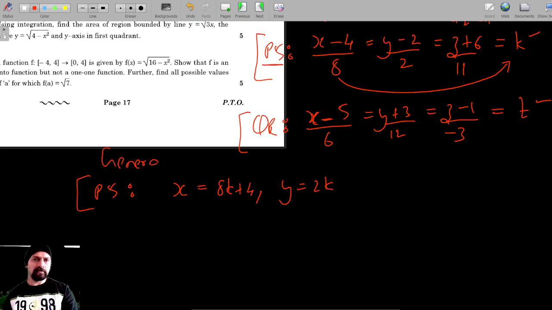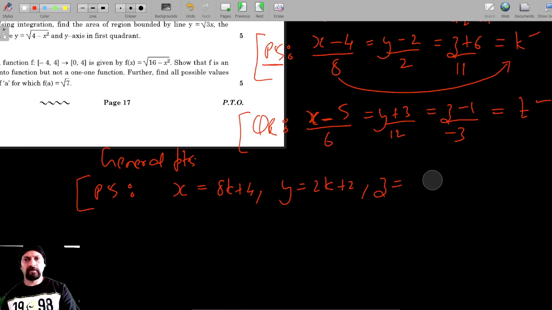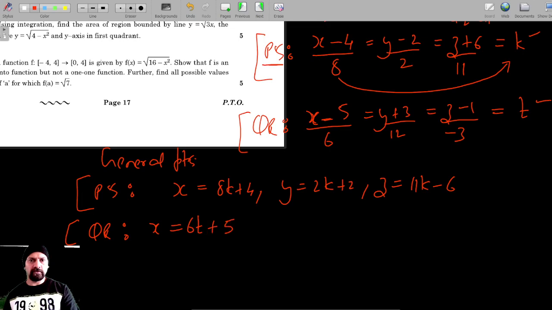These are the general points that lie on diagonal PS for some value of k. Similarly, the general points for diagonal QR are x is equal to 6t plus 5, y is equal to 12t minus 3, and z is equal to minus 3t plus 1.